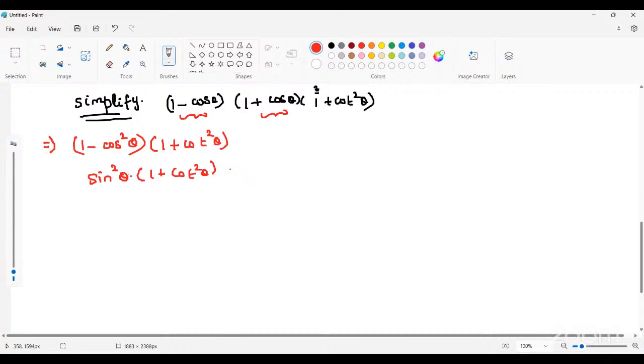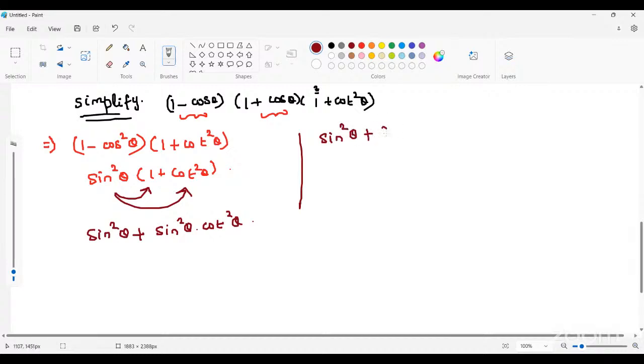Yeah. So now just multiply this into this and this into this, which you will get sine square theta plus sine square theta into cot square theta. Right? So what is cot square theta? Tan is sine by cos, cot is cos by sine, isn't it?